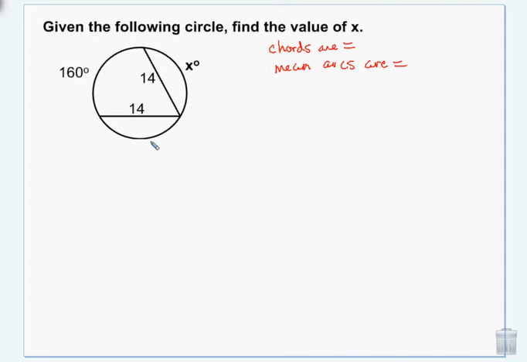Okay, so if this is x, this is also x. Now, this arc length is 160, but that doesn't mean this angle is 160.